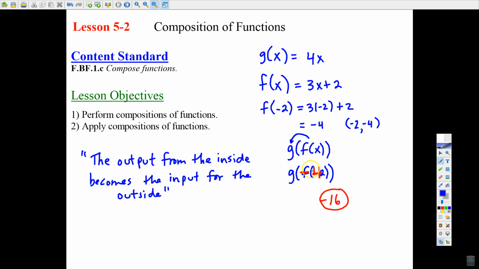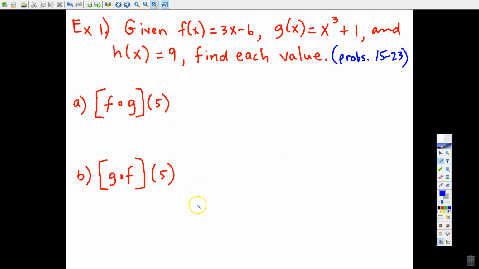Okay, so it's illustrated here. I got this output from working inside, and that became the input for this outside function. So the output from the inside becomes the input for the outside. And that's just a little slogan that I use to summarize what will be happening a lot in this assignment. Okay, so with that said, let's do some actual homework examples.